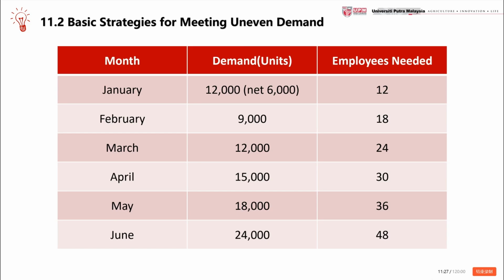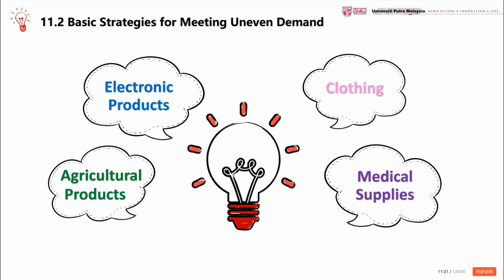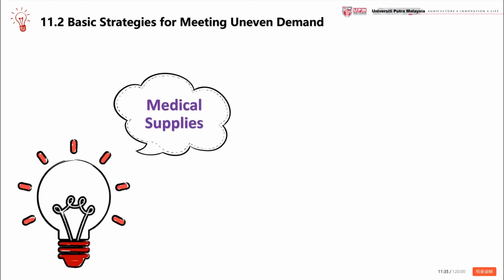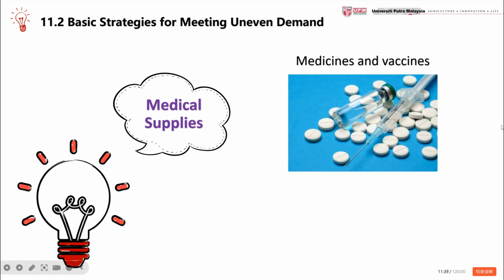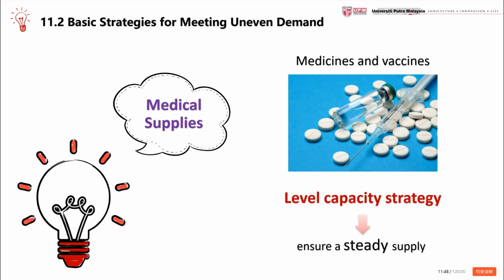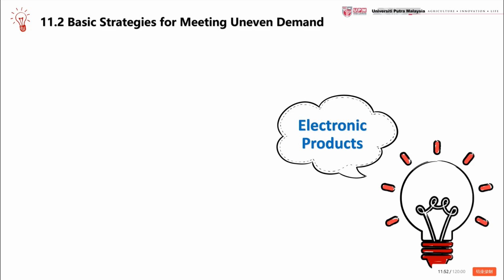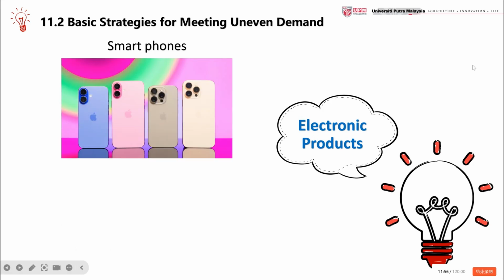After these two examples, let's reanalyze some of the product types and choose appropriate strategies for them, such as medical supplies, like medicines and vaccines. Pharmaceutical companies usually use level capacity strategy to ensure a steady supply of drugs. Then the electronic products like smartphones.